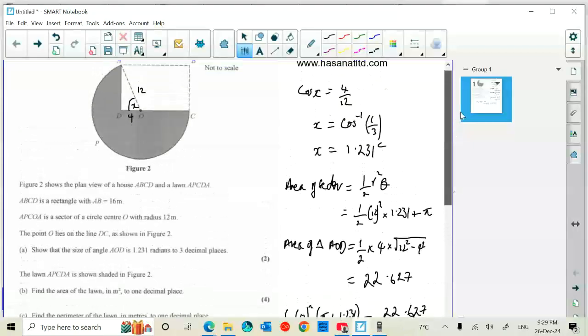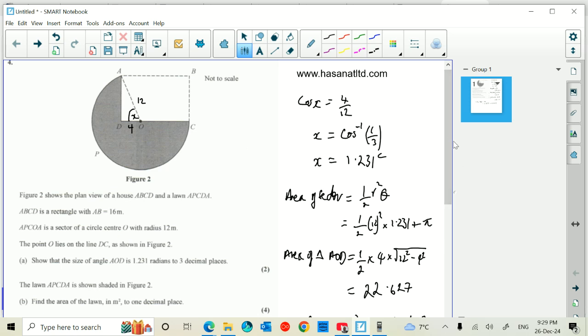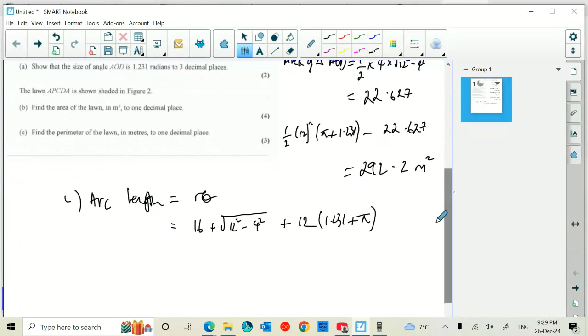This 16 is AB. So that's right, and we can do all of that on our calculator, and we should end up with the correct answer.